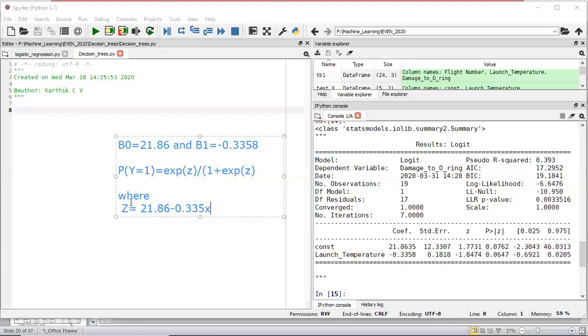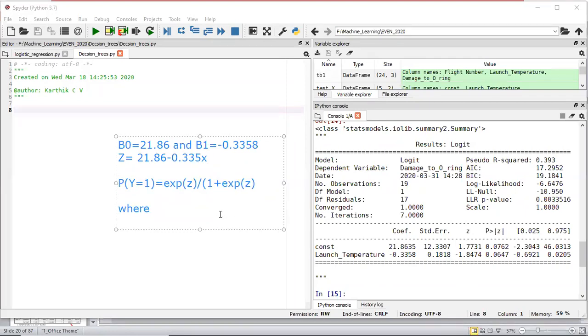Using that, you write the value of Z. After writing Z, you write the probability of Y equal to 1 when you give some X. Then I'll get exponential of Z divided by 1 plus exponential of Z, meaning e power Z by 1 plus e power Z. So this is my model output.